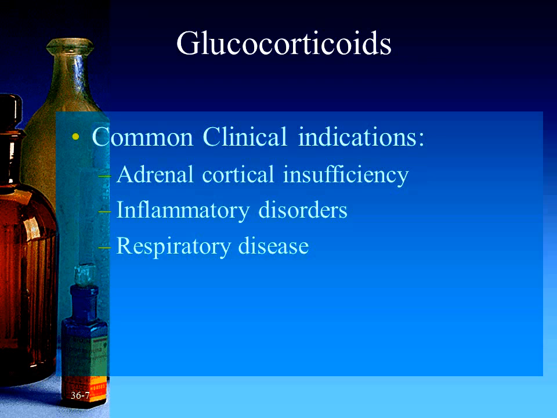And these would include things like arthritis or ulcerative colitis, like we talked about in our GI system, multiple sclerosis, allergic reactions. For example, the poison ivy allergic reactions.